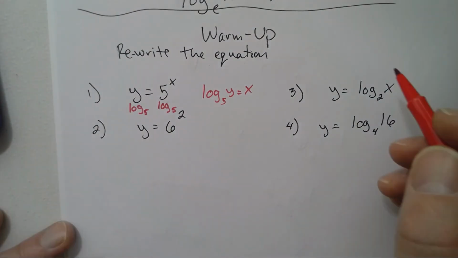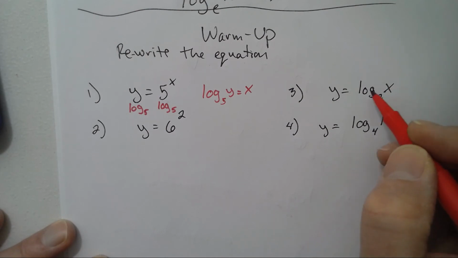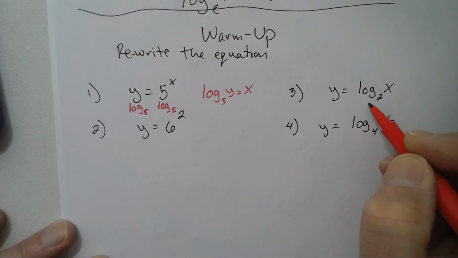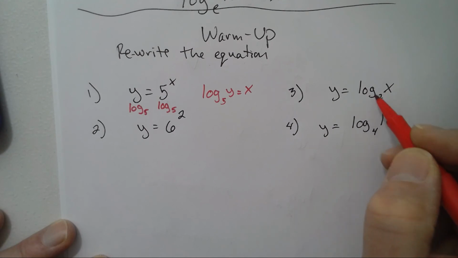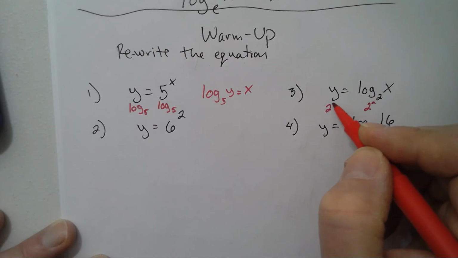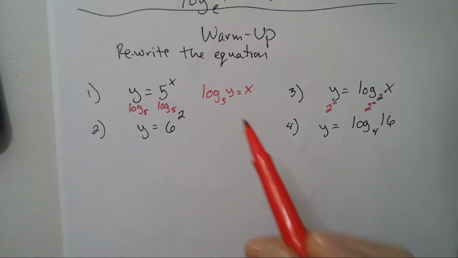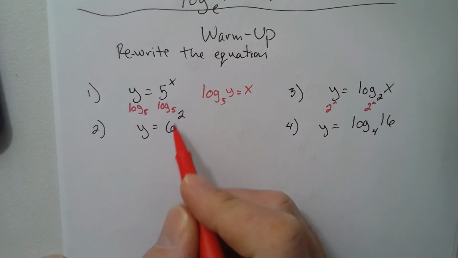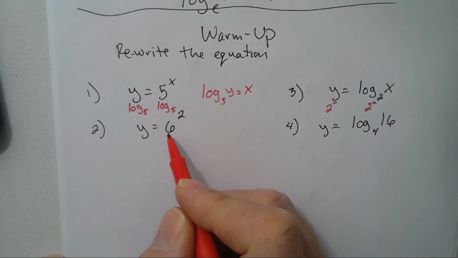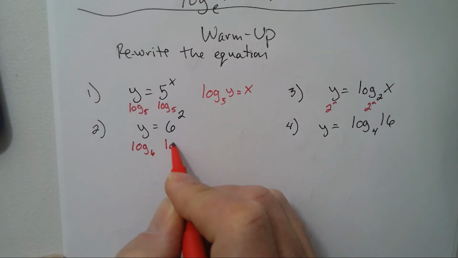On number 3, this is the log base 2, so you have to do an exponential on each side, so do 2 to the power of each side. And that'll rewrite it for you. Okay, so number 1 I did for you here, my base is 6, so we're going to do log base 6 of each side. That undoes an exponential.